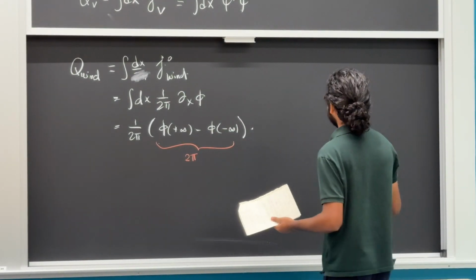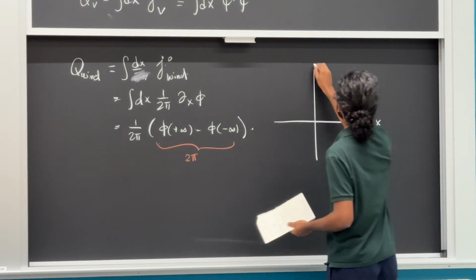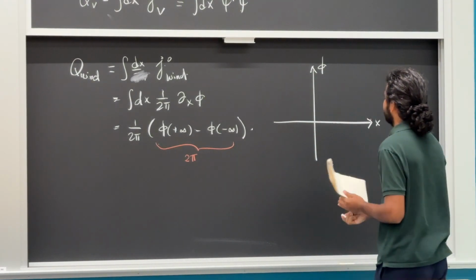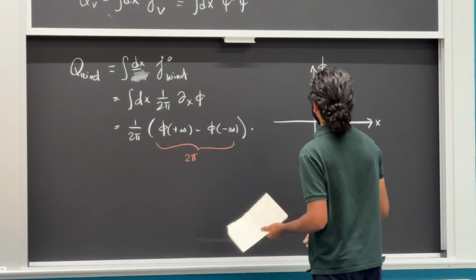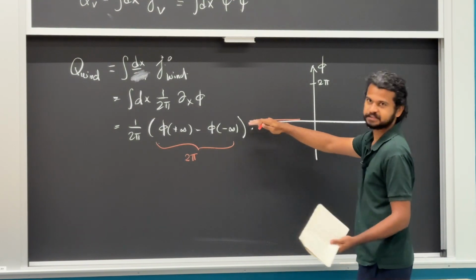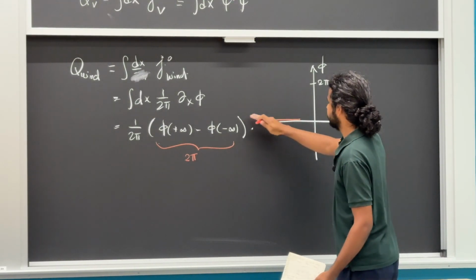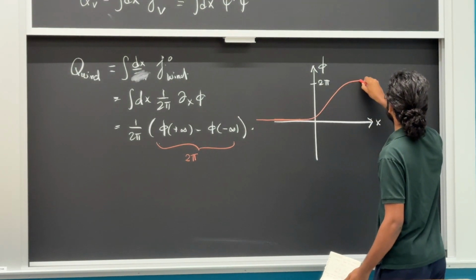If I draw a picture, this is x and this is phi, and say this is 2 pi, I need something like this. It stays at say 0 from minus infinity to some point, then it jumps to 2 pi.